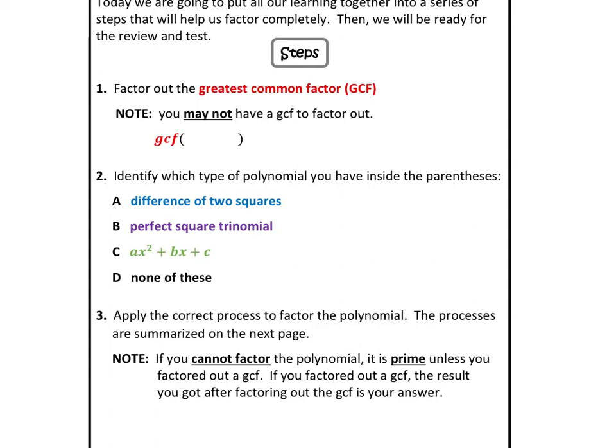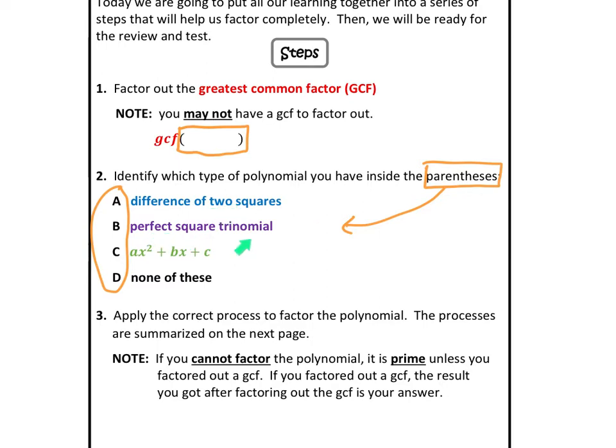After you take out the GCF, then you want to check, and remember what I was doing last class: can we do anything with the parentheses? Can we apply one of these 4 options to the parentheses? After we factor out the GCF, we're left with the parentheses, and we want to check: is it a difference of 2 squares?